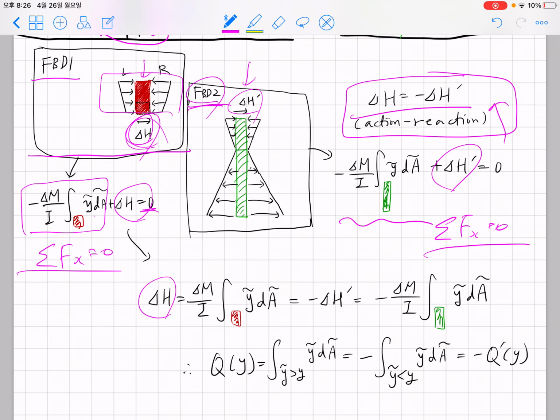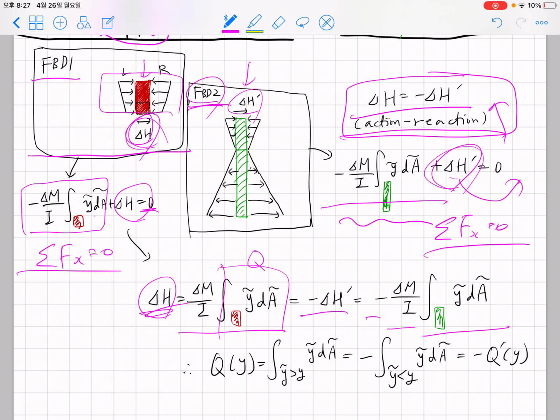So from here we can rewrite delta H as this integral, this is the famous Q integral, and from the action reaction principle you can say delta H equals negative delta H prime, and negative delta H prime, after you move this to right hand side, is the same as negative delta M over I times the integral for this green one, which is Q prime.